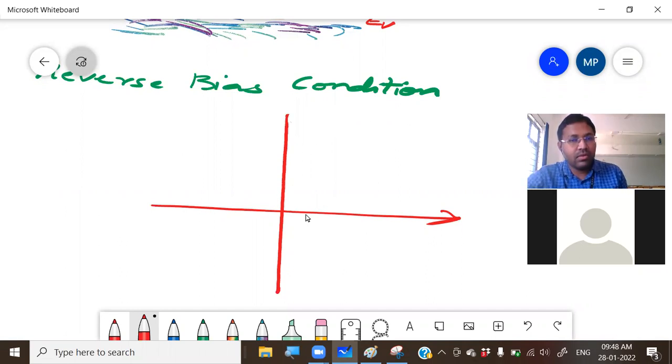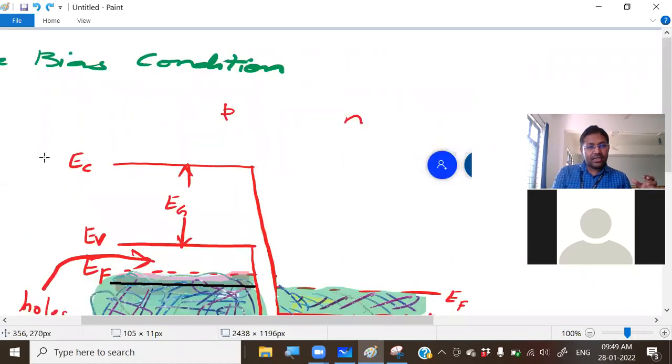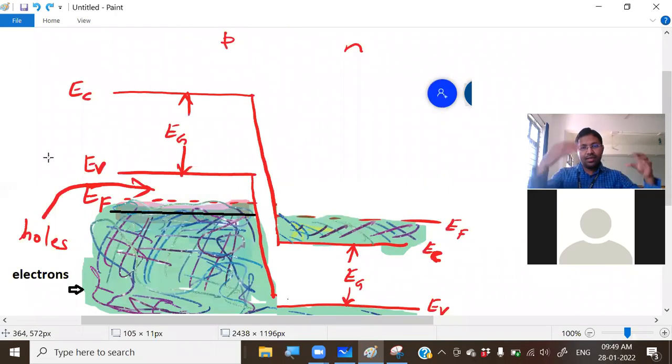Characteristics of the tunnel diode under reverse bias condition. You know very well this is forward voltage and forward current, and under reverse bias condition means this quadrant. As you keep on giving reverse bias, the energy levels on the N side keep on going lower, so more electrons can tunnel.